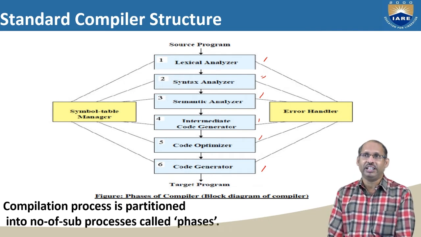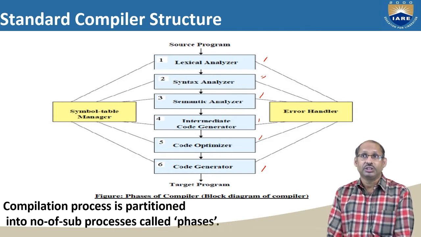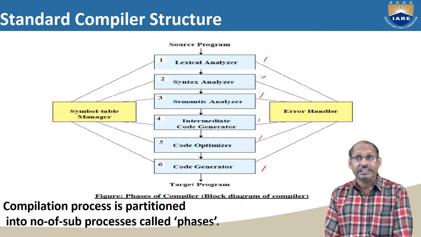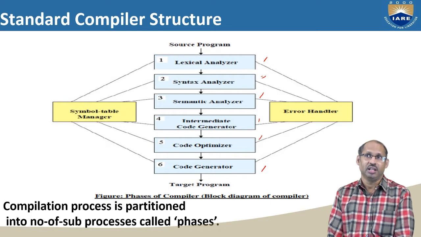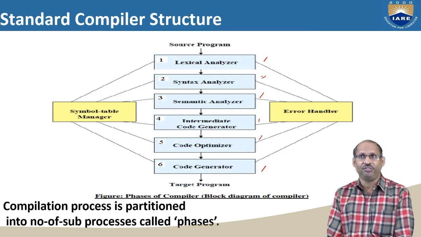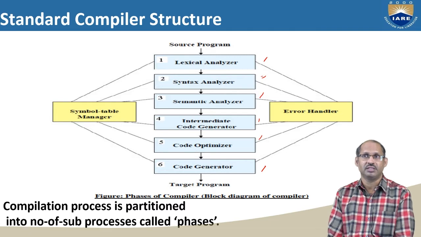It might be identifiers, operators, keywords, like that. So using these lexical rules called patterns, we group the characters of the input source program into a group of tokens. The output of the lexical analyzer is a sequence of tokens. The tokens might be identifiers, numbers, operators, right?